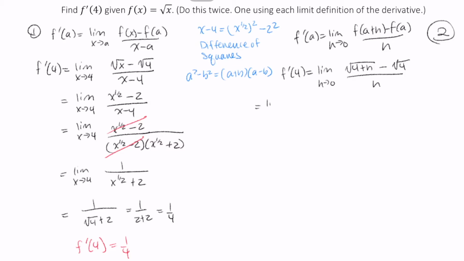So this is the limit as h approaches 0 of the square root of 4 plus h minus 2 over h. And I'm going to multiply both the numerator and the denominator by the conjugate here.